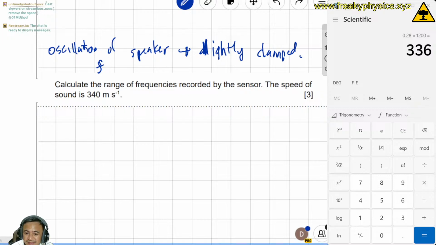All right. So anyway, that's the information that we need. I think it's the oscillation that's going to change the frequency. Okay, here's the deal though. While we're waiting for this to come up, I'm going to say that this is going to be about the Doppler effect, because that's the situation we're in.